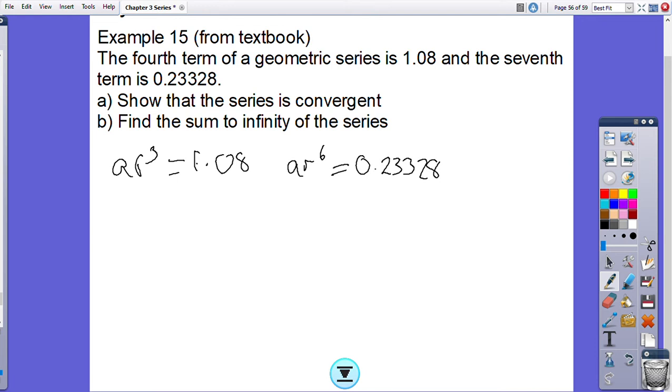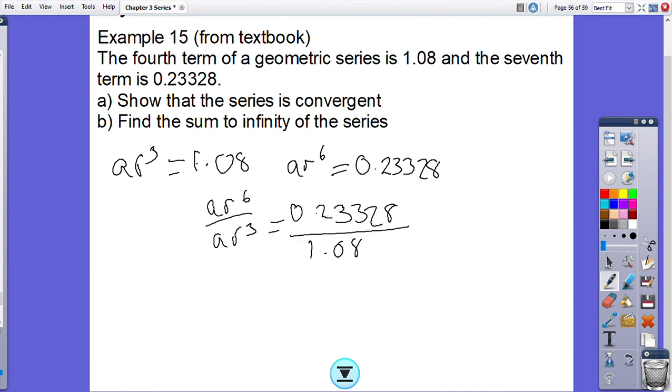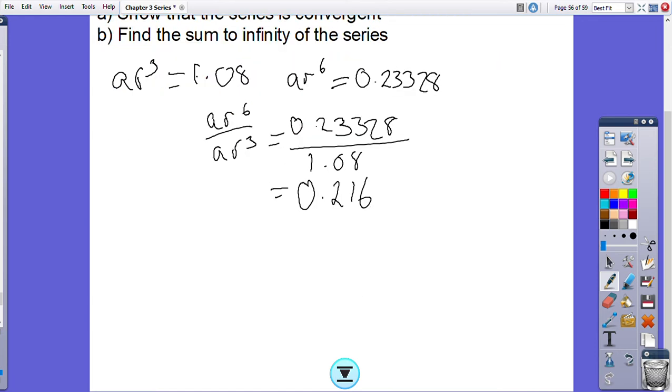So we're going to do AR to the 6 divided by AR cubed, and you get 0.23328 divided by 1.08, and when you do that you get 0.216 on this side, and on this side the A's cancel, R to the 6 over R cubed.